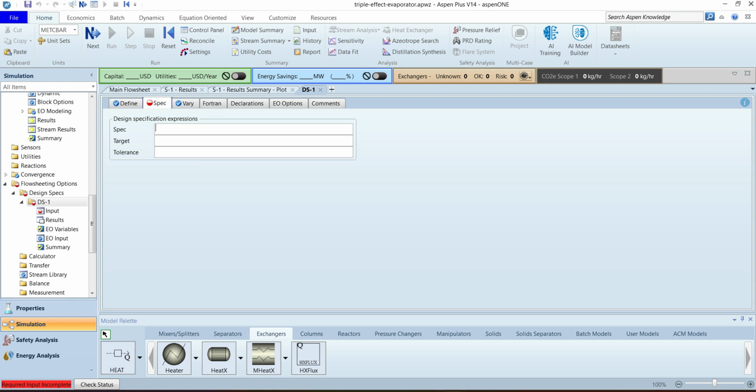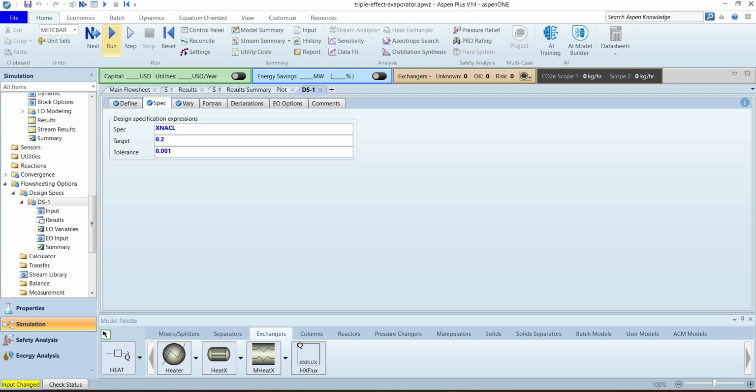On the specification tab, we need to define the variable that we have defined as objective function, and the target should be 0.2 to indicate a 20% weight concentration, and the tolerance we can define a tolerance of 0.001 to indicate that any concentration of 19.9% or 20.1% will be acceptable for this case.